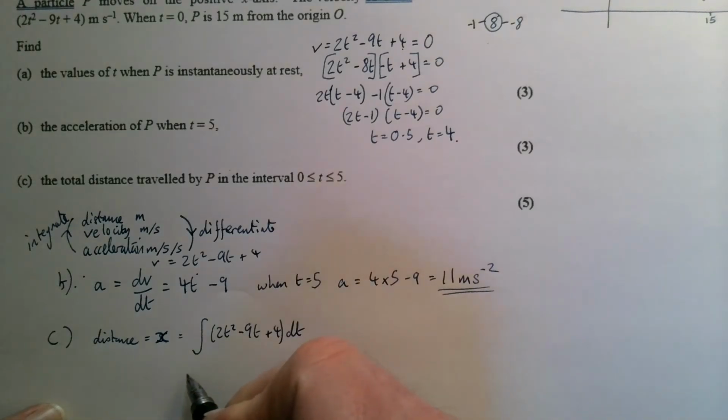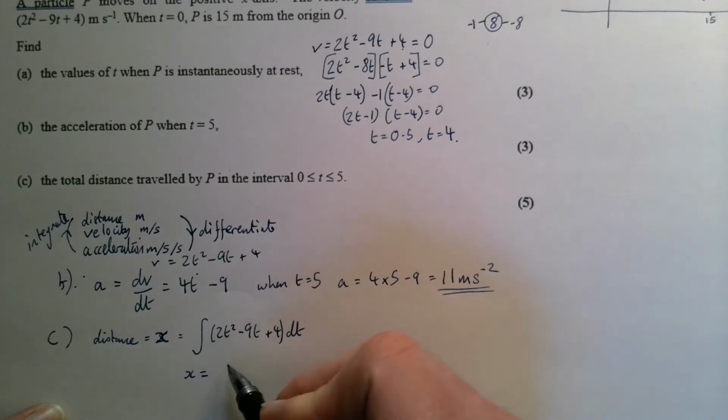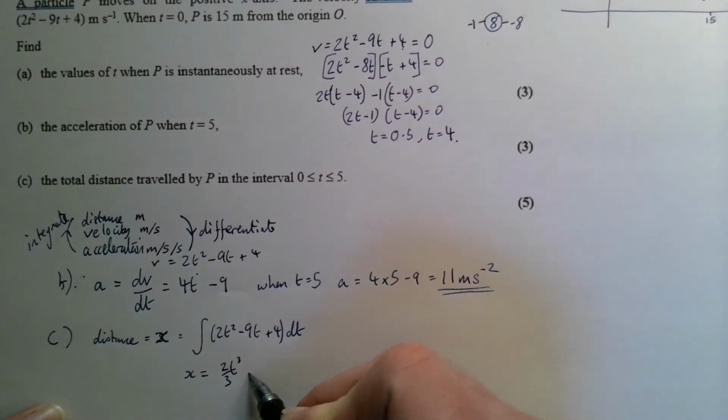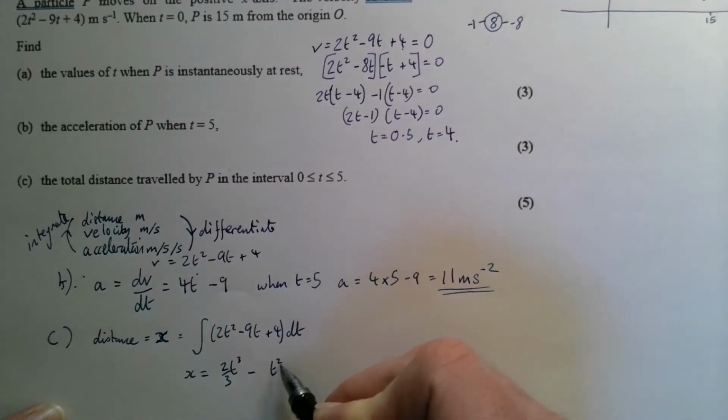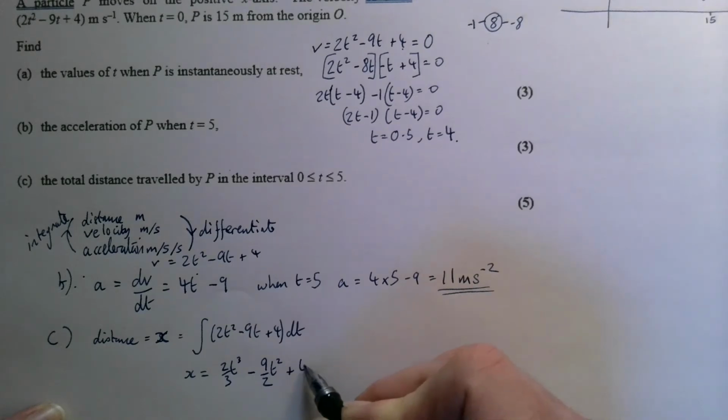So then we need to integrate that. So then we can say that x is going to be, the power goes up by 1, doesn't it? And then we divide by that power. So it's 2/3 t cubed. And the power goes up to 2, then we divide by the 2, so 9/2. From 4 we go up to 4t. And then remember that we're also going to have a constant, aren't we?